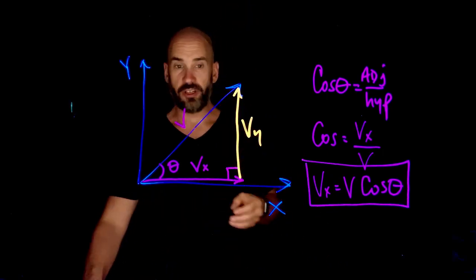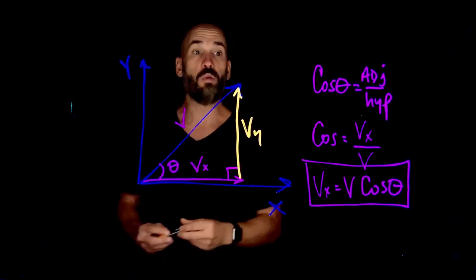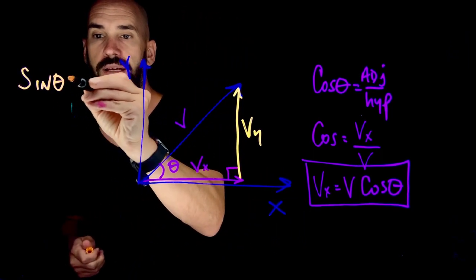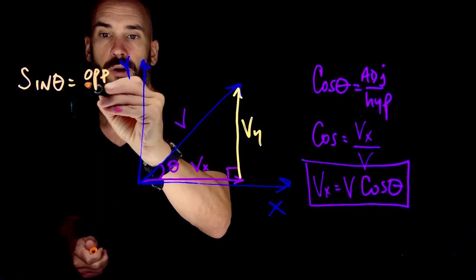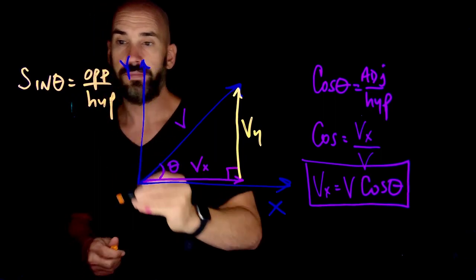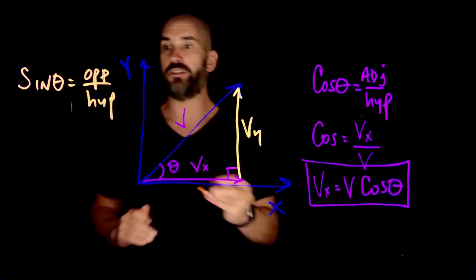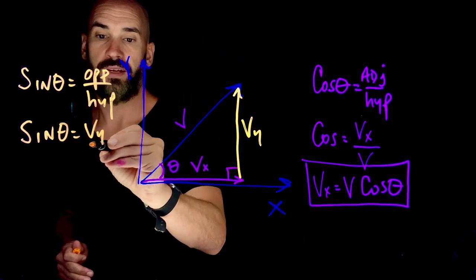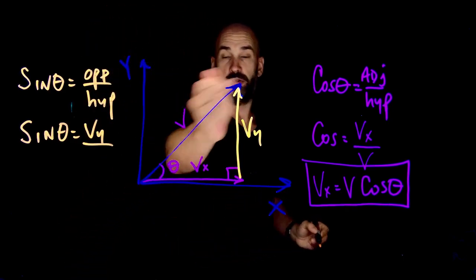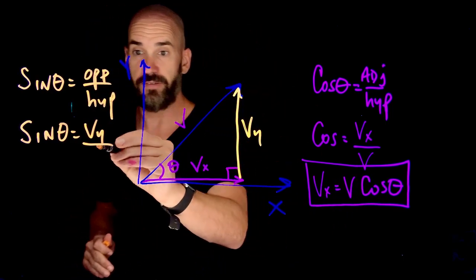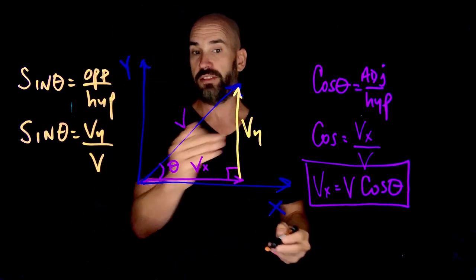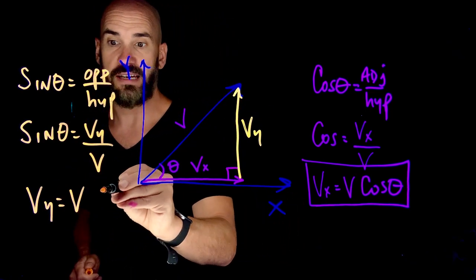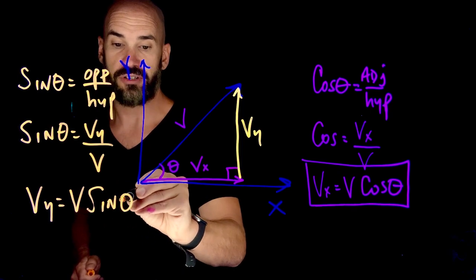And if we look at the y component over here, we know that sine theta is equal to opposite over hypotenuse. In this case, opposite is just Vy, so sine theta equals Vy over the hypotenuse, which is the magnitude of the vector, just V. And with a little math, we know that Vy is equal to the magnitude of the vector V times the sine of the direction theta.